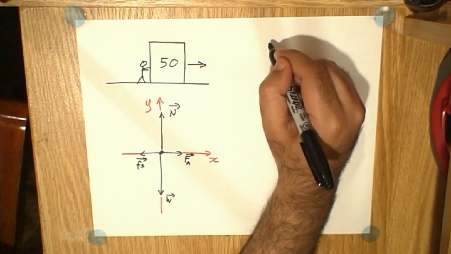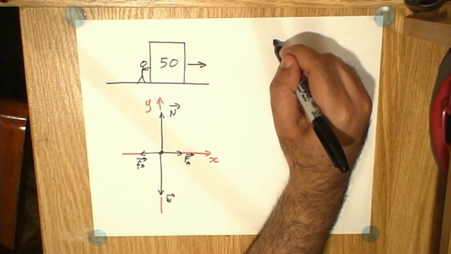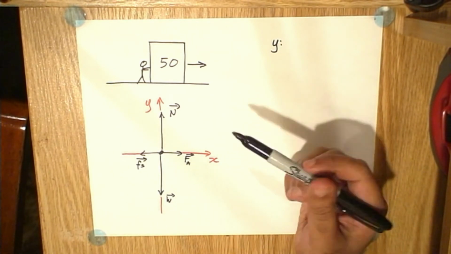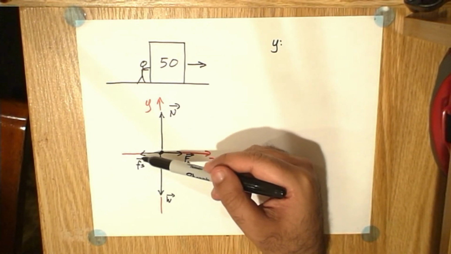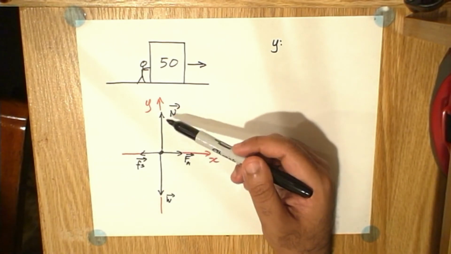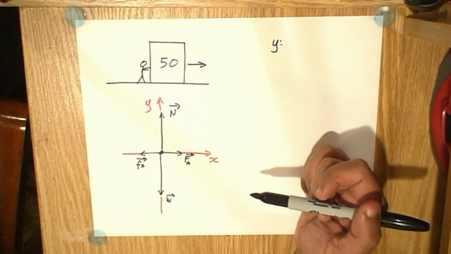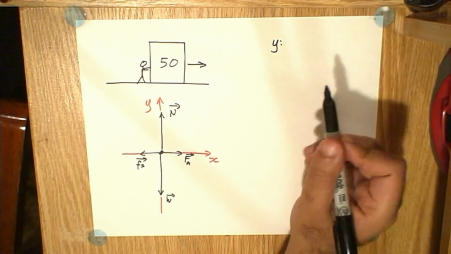Now, let's solve for the force balance in the y direction first. The reason we need to do this is because the force of static friction depends on the normal force. So we need to find out the value of the normal force before we can solve for the force of static friction in the x direction.